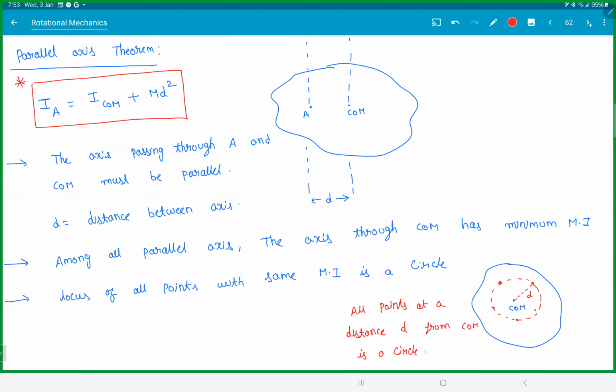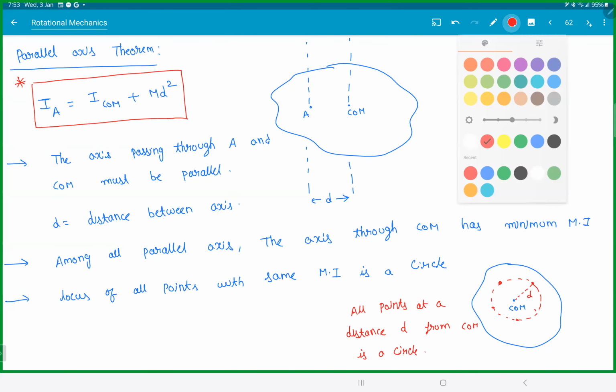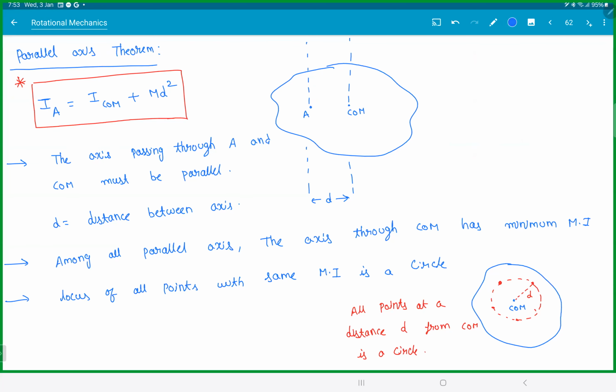Have a look at these statements. Clear? Let me take some examples.